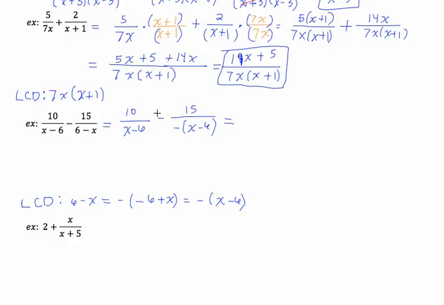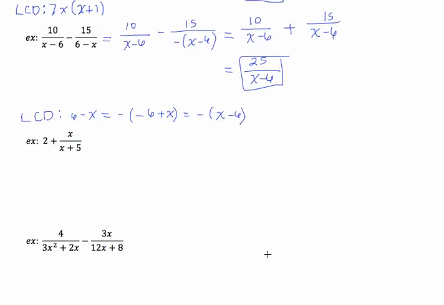We have minus a negative. That's the same as adding. So this I can rewrite as 10 over x minus 6 plus 15 over x minus 6. And now they have the same denominator. So we can add those two fractions. 10 plus 15 is 25 over x minus 6. So there's that one.